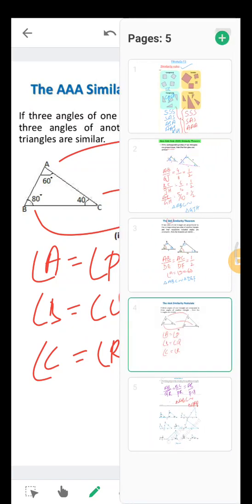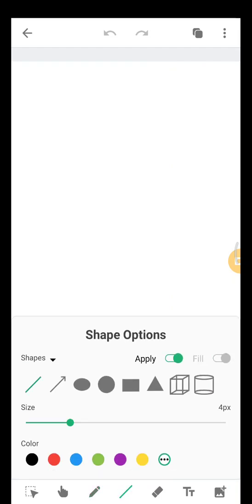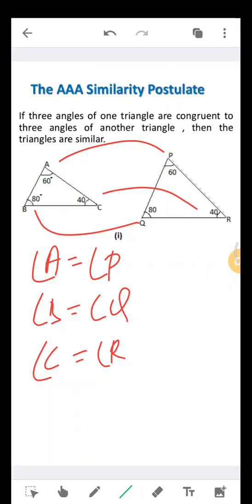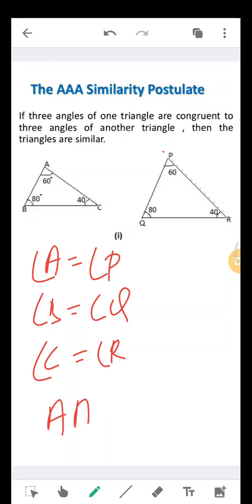Let me explain the reason for that. We can understand this from the figure itself. AAA similarity can also be called AA similarity. I can call it the AA rule also.